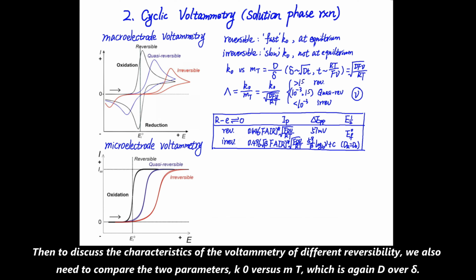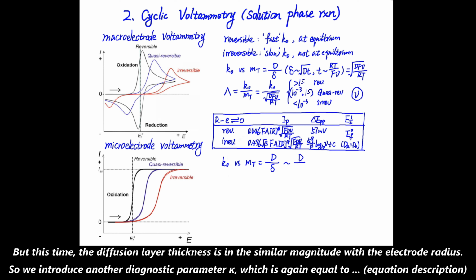Then to discuss the characteristics of the voltammetry of different reversibility, we also need to compare the two parameters, k0 versus mt, which is again D over delta. But this time the diffusion layer thickness is of a similar magnitude to the electrode radius.